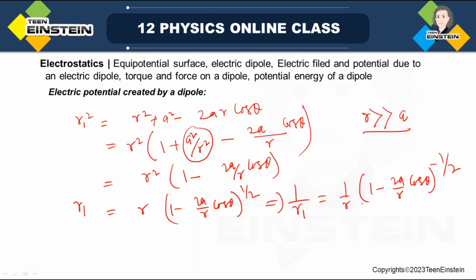Now if we take approximation up to first term, then 1 by r1 will be 1 plus 2a by 2r cos of theta. That means the 2 gets cancelled. So this is what we get.